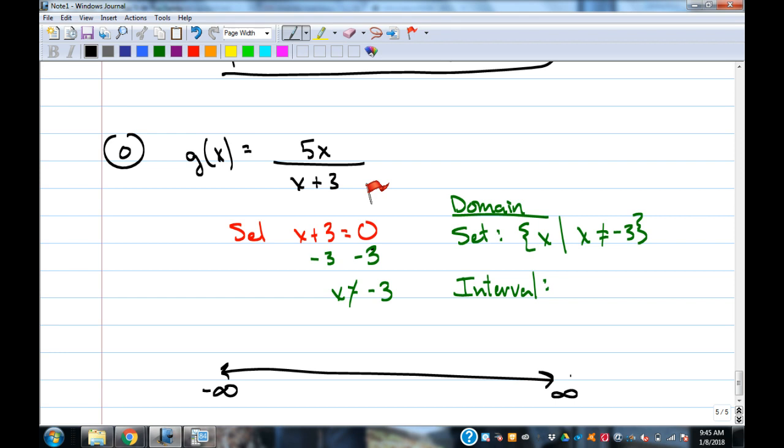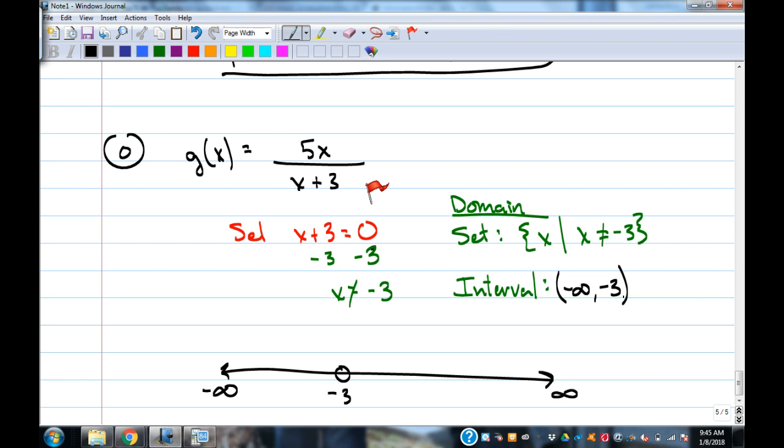So we're taking number -3 out. So we're going to put this big empty spot where -3 is. So with interval notation, you've got all these numbers from negative infinity all the way up to -3. We got to say, okay, from negative infinity to -3, it's all good. Everything's good as long as it's not -3.